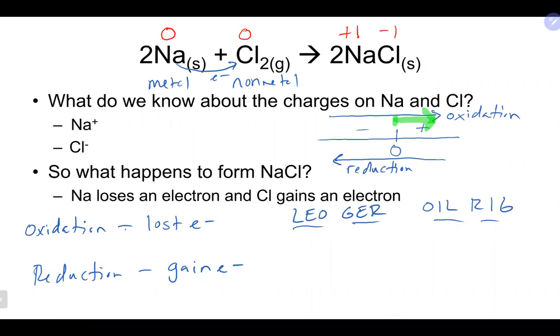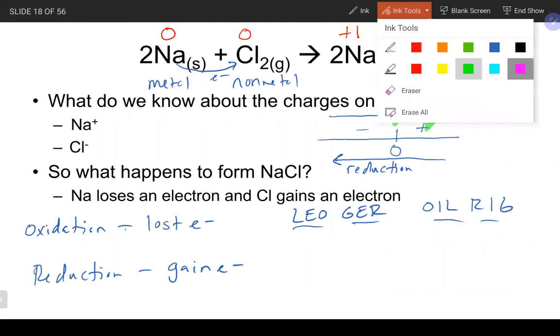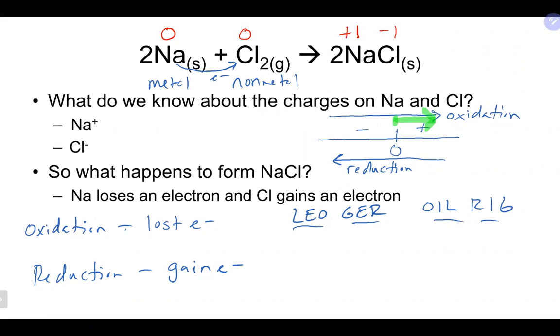You can verify that by looking at the same thing. The Cl started at 0 on the left-hand side, which would be here, and it ended on the right-hand side at -1, which would be going in that direction, so it is being reduced. You could choose either one to determine this, and once you determine one, the other is doing the opposite, because they always occur together.